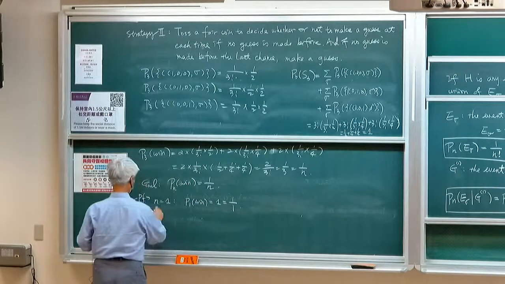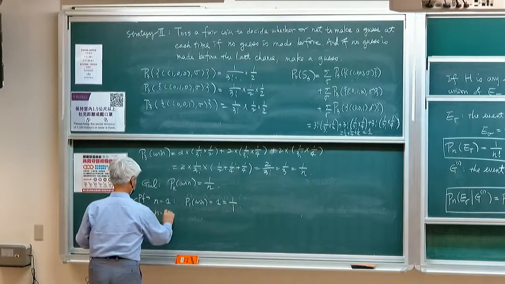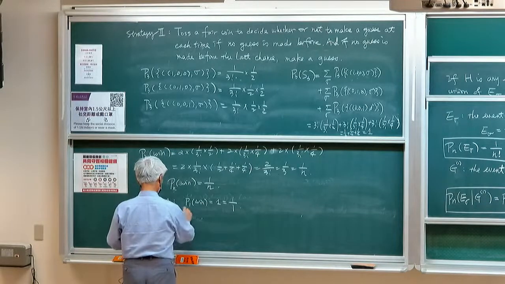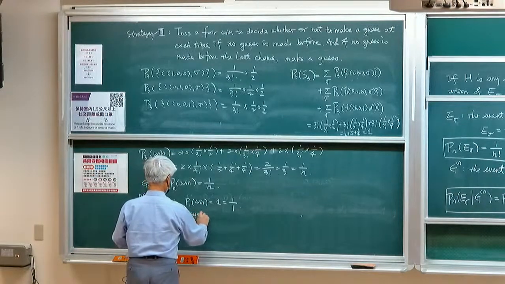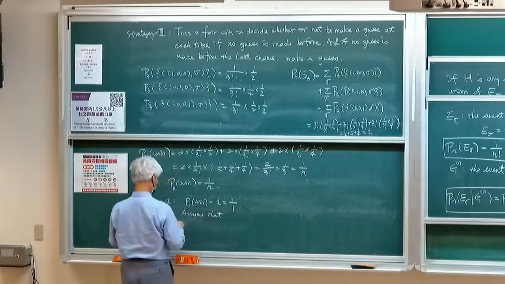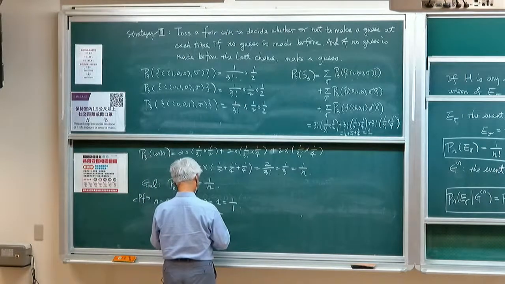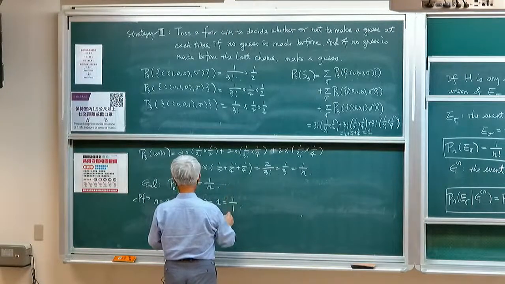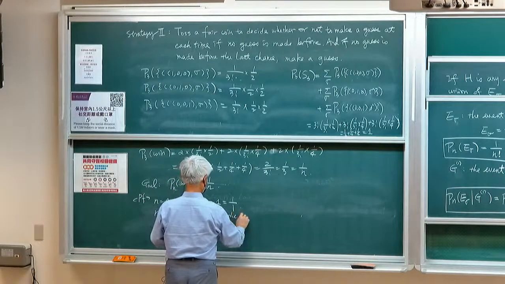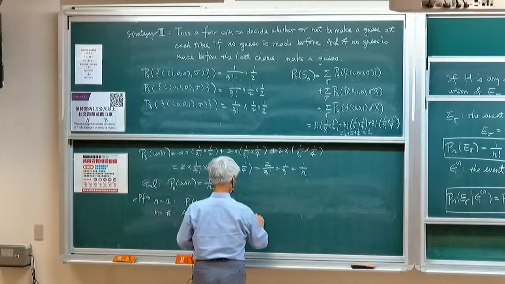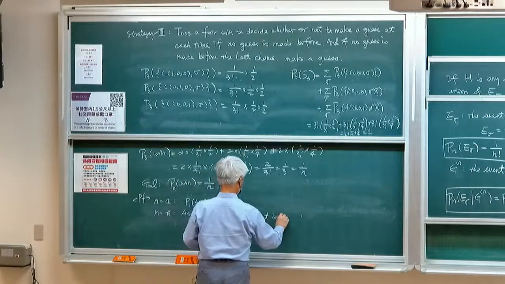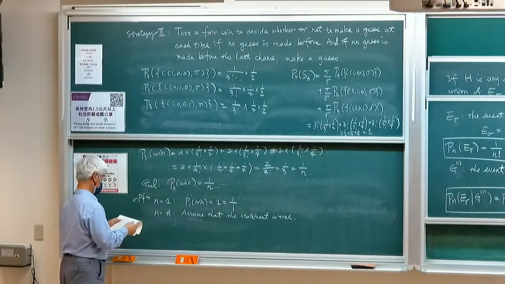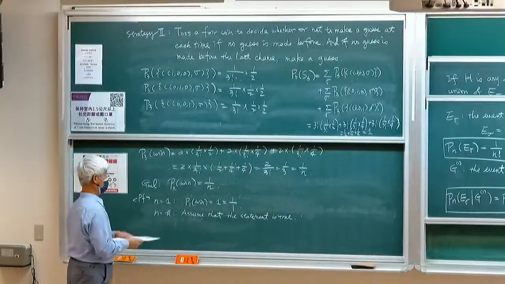Okay, and n equal to k. So we assume that the statement is true, right? So if n equal to k, the statement is true.